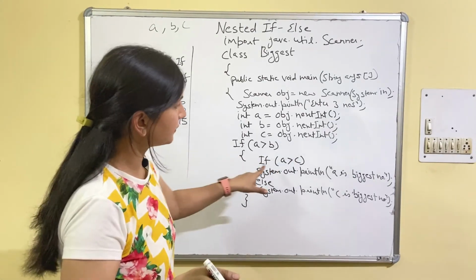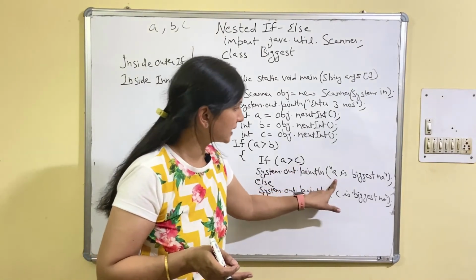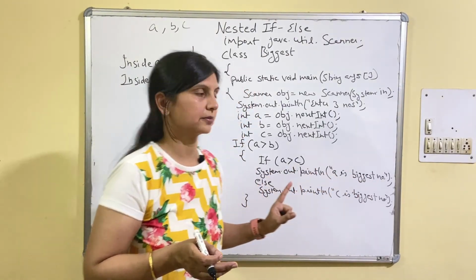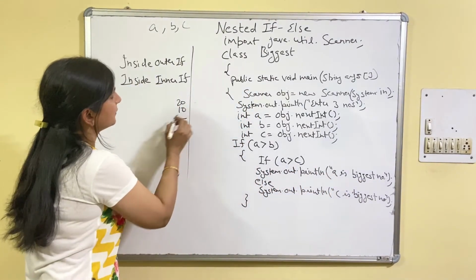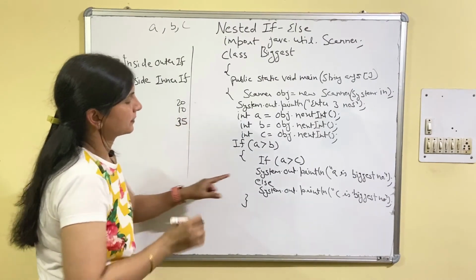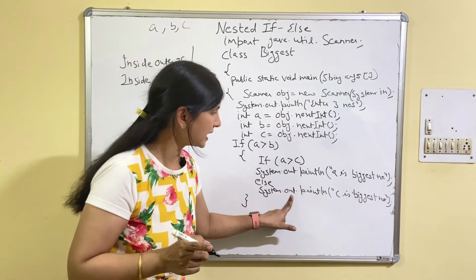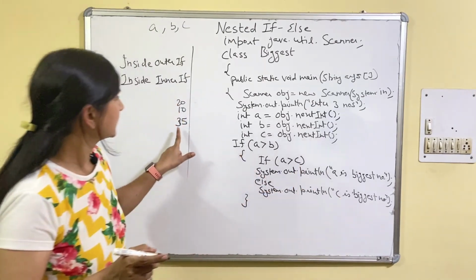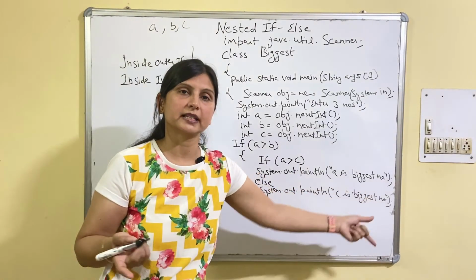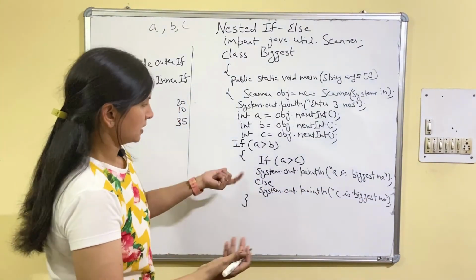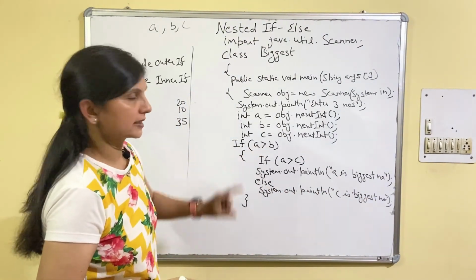So 20 greater than 15, condition is true. So in that case a is biggest number. Suppose value of c is 35. So a greater than c, condition will be false. So it will come to the else part. In that case 35 is the biggest. C is biggest number.